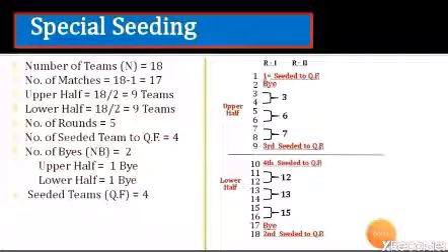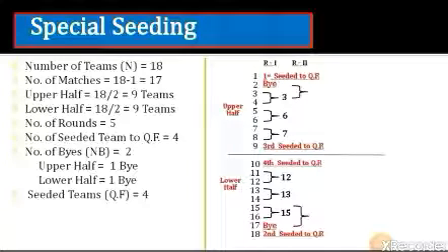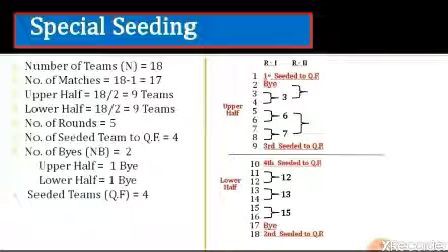In the second round, 2 meets 3, 6 meets 7, 12 meets 13, and 15 meets 17. In the match between 2 and 3, 3 becomes the winner and reaches the third round.